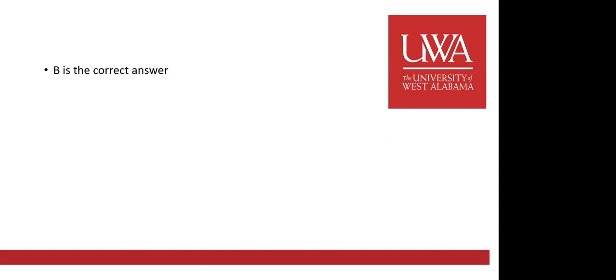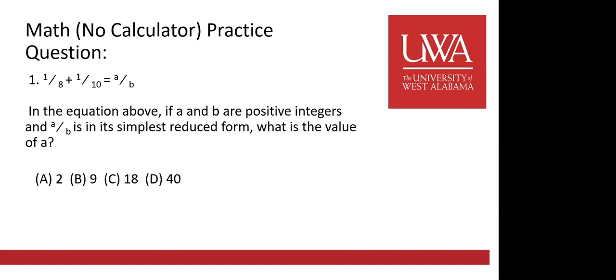So for this question, you should have gotten B. We're going to break this down and do the work. The lowest number that both 8 and 10 are factors of is 40. Convert the fractions to a denominator of 40.